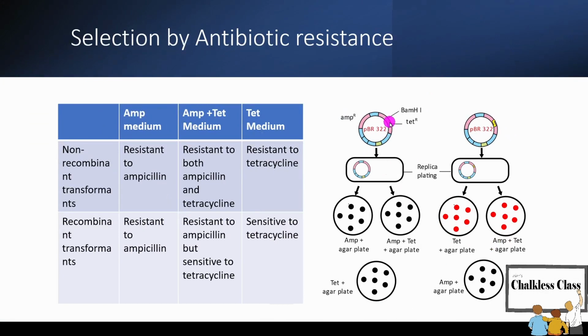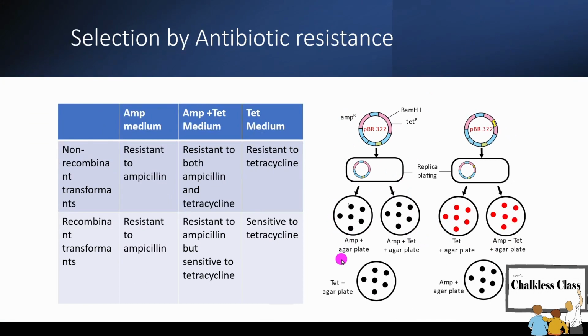Now this non-recombinant plasmid we introduced into the cell. Now this is called a non-recombinant transformant, and we allowed these non-recombinant transformants to multiply. Now such groups of non-recombinant host cells, when we keep them in ampicillin medium, can survive, because the non-recombinant plasmid's ampicillin resistance gene is not disturbed. In the same way, the non-recombinant transformants allowed to grow on ampicillin and tetracycline containing medium can also survive.